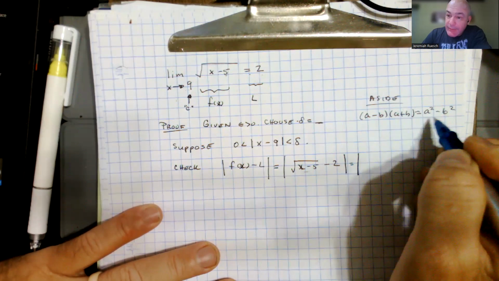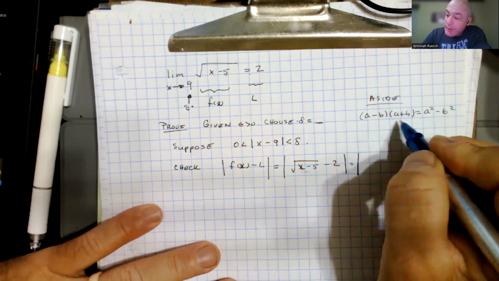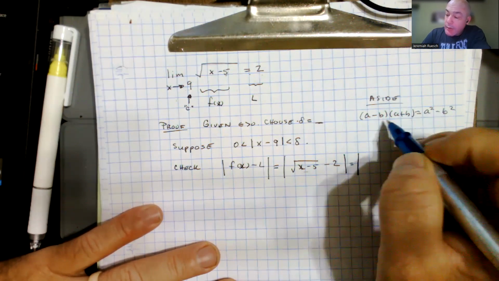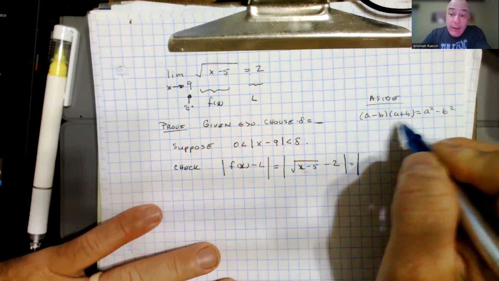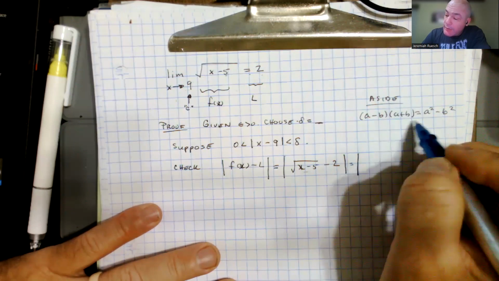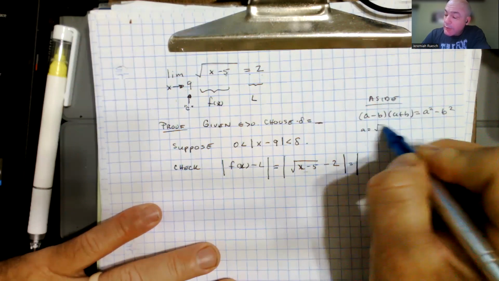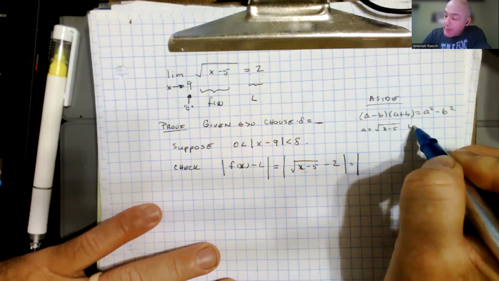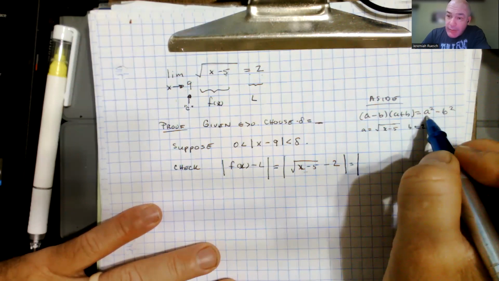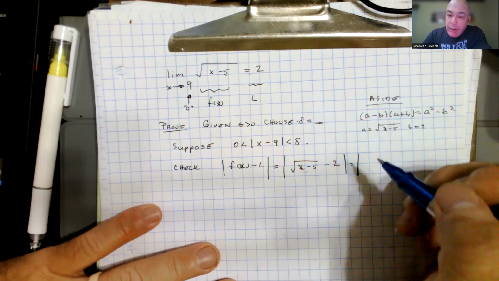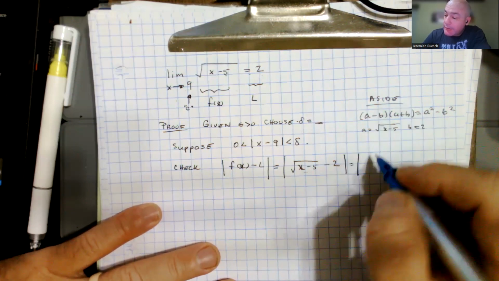This difference of squares formula is factorable as the sum and difference of the two quantities, where the middle terms cancel out. So we're going to say a is equal to the square root of x minus 5, and the b term is equal to 2. The reason that's really nice is because then the square is going to undo the square root.